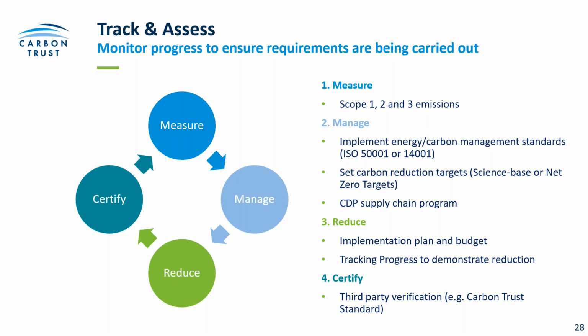It may be that they're already thinking about or doing alignment with a science-based target or a net zero approach. And that can obviously help things and make things a bit more straightforward with those particular suppliers. Finally, you may also wish to consider third-party verification to assure that the supplier's emission inventories and their reduction claims are valid.